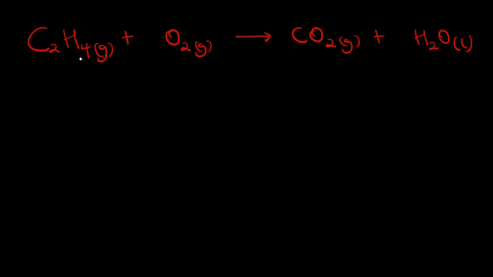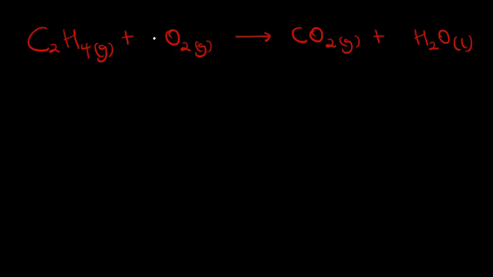So the trick is, as you can see, we have some compounds containing multiple elements, at least two elements. We have carbon and hydrogen in ethene. This side we have carbon dioxide and oxygen. At the same time we have hydrogen and oxygen.